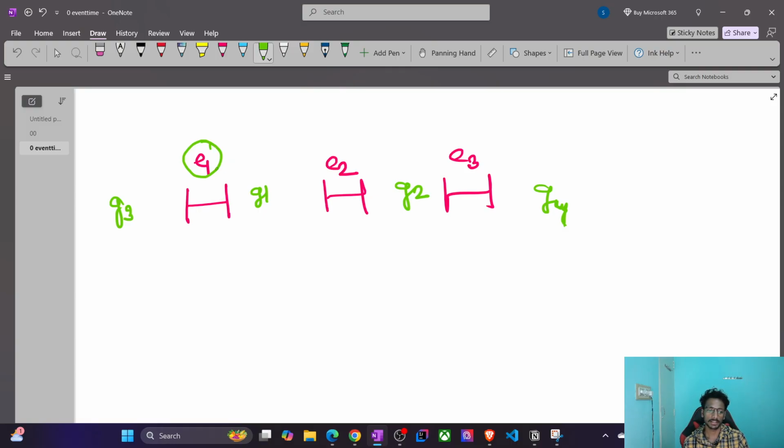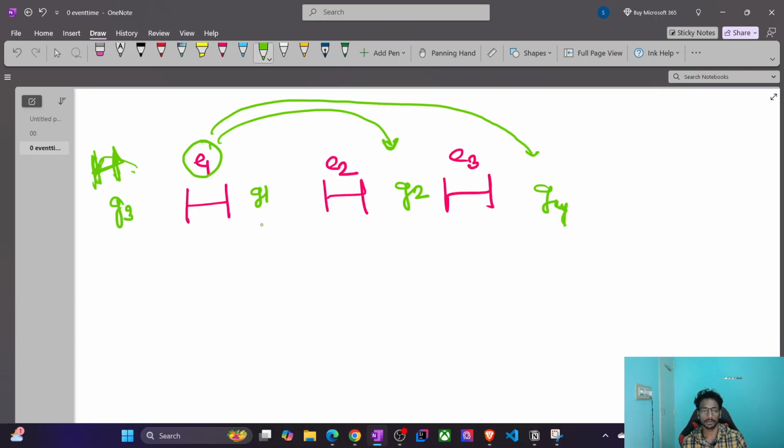Where can I shift it? There is no space before it, but we can shift it to the front, or into one of the gaps in between, or to the end. I can shift it anywhere because we do not need to maintain the order. So we can shift it into any gap that we have.